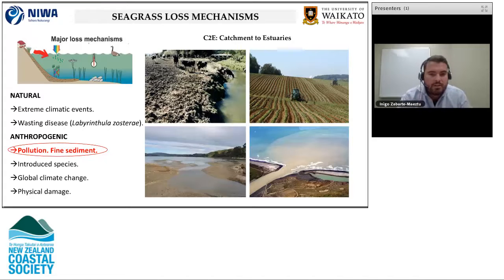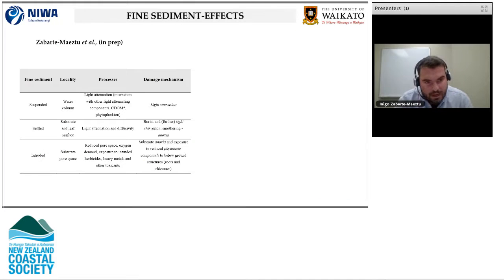For us, it's not rare to see these kinds of images where we can see the problem that's going on upstream and how we receive it in the receiving environments, in the estuaries or coastal areas.